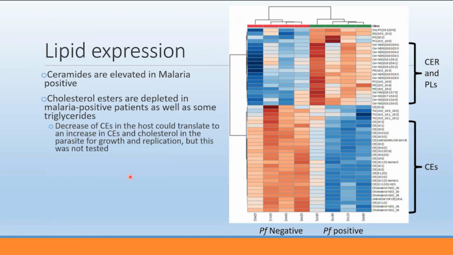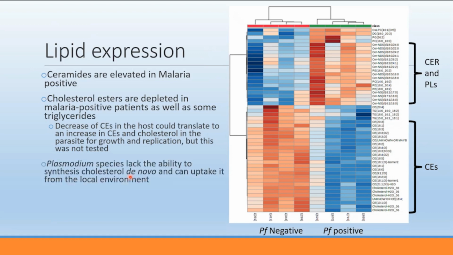We just have the blood, and that blood at least shows us that this reduction in cholesterol esters correlates to a high positivity rate of P. falciparum. And we know also that this type of malaria lacks the ability to synthesize cholesterol. So it has to take it from its environment. And so there is biological meaning behind reducing that within the environment.